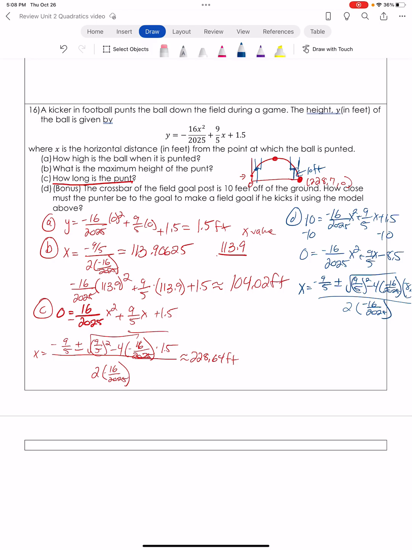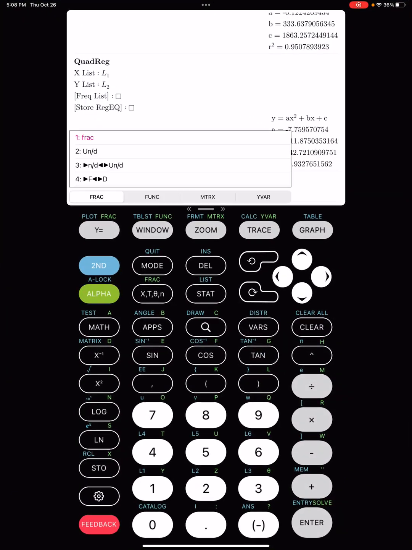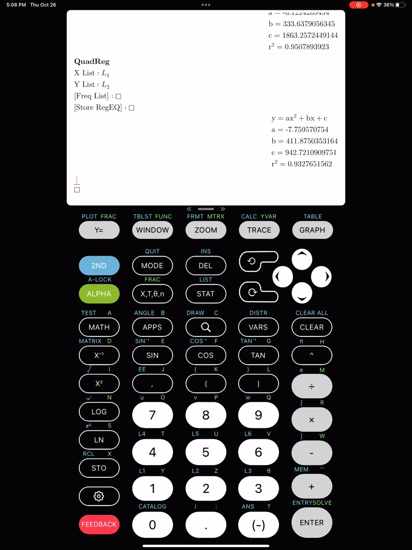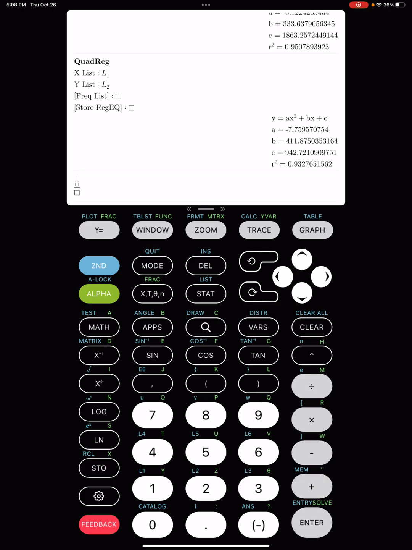All right. It's like punishing getting through this. So when you put all of that in the calculator, you end up with a couple of answers. Remember to use your fraction button, or the other fraction button that some of you have. So you're going to do negative 9/5, and you're going to pick one. You can pick plus or minus.